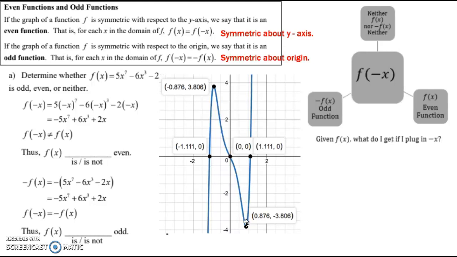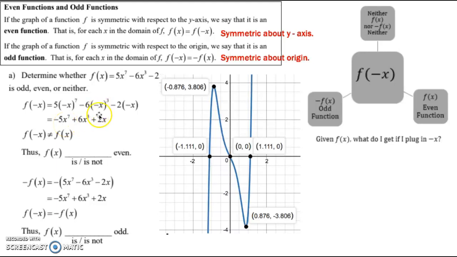Let's determine this algebraically. So I have my function 5x to the 7th minus 6x cubed minus 2. So I'm going to replace all my x values with negative x to see what happens. When I plug in the x values, I end up with negative x to the 7th power, so that's an odd amount, so I'm still going to have negative x.